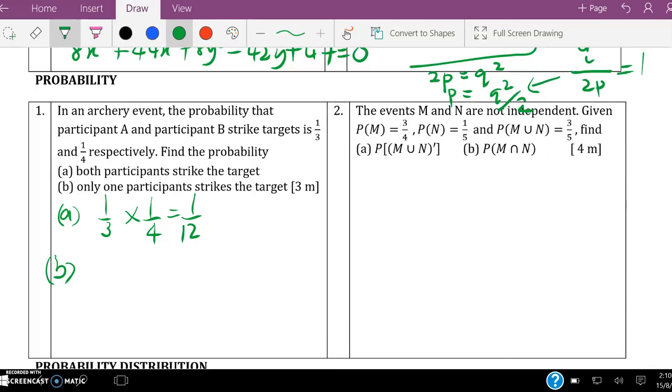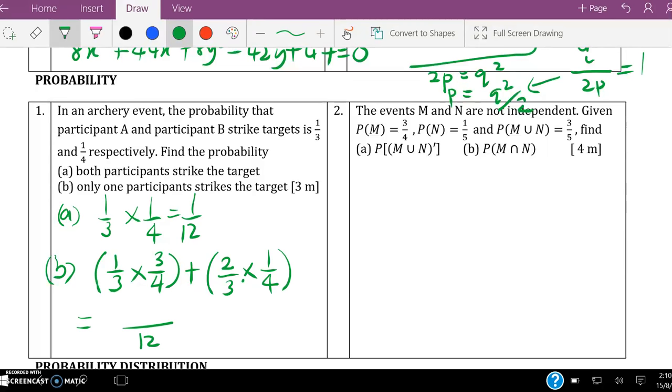For B, only one strikes the target means that either A strikes the target and B does not, or A does not and B strikes the target. So either A strikes is 1 over 3 and B does not is 3 over 4, or A does not strike the target and B strikes it. So it's going to be over 12, 3 plus 2 is 5.